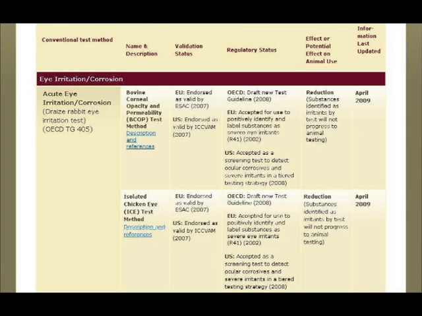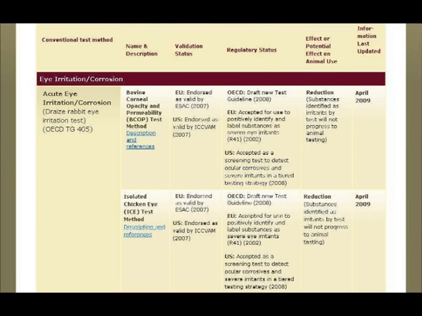The second test, under name and description of an alternative test, is the isolated chicken eye test method, and the validation status is, in the EU it is endorsed as valid by the ESAC, and in the US it is endorsed as valid by the ICCVAM.